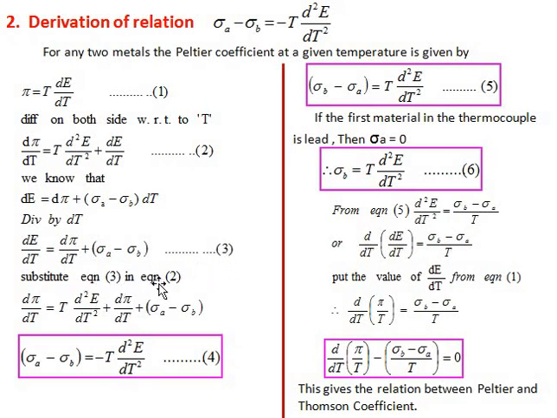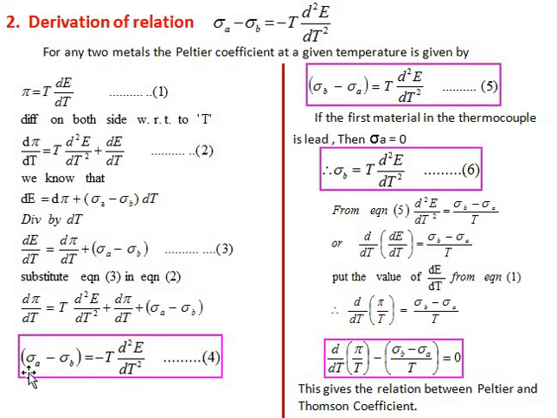Substitute equation 3 in equation 2. So this equation is substituted here instead of dE by dt. So therefore d pi by dt is equal to T into d square E by dt square plus dE by dt, which is equal to, we substitute this, d pi by dt plus sigma A minus sigma B. So d pi by dt gets cancelled.